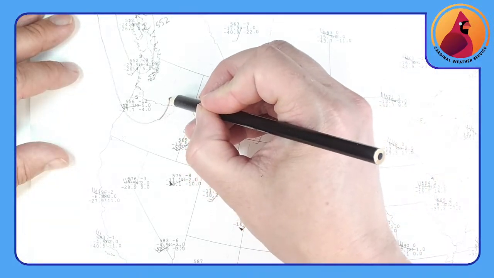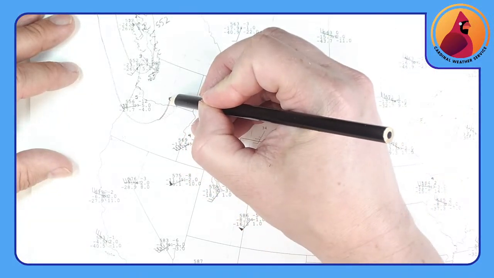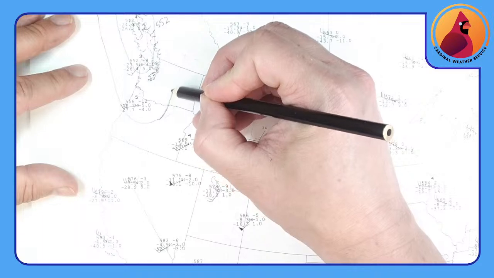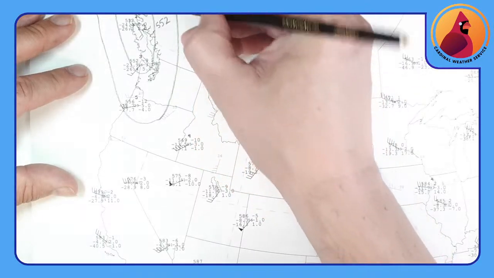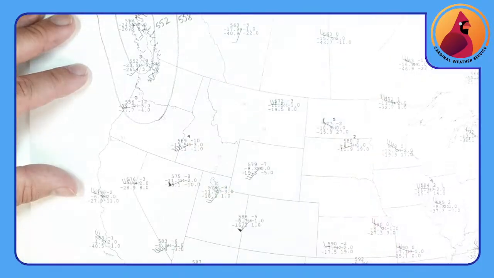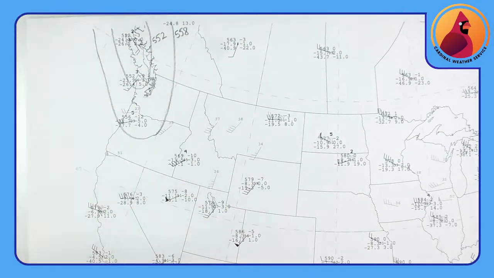So 558. Probably just confine it to right here. Alright, so we've got two contours, 552 and 558.